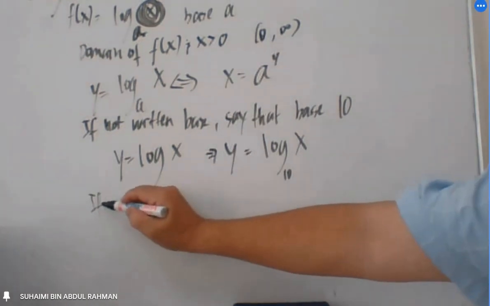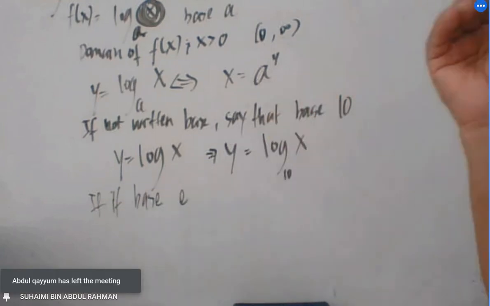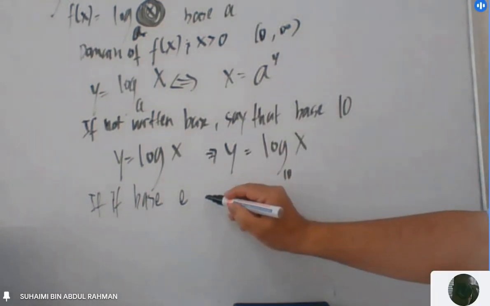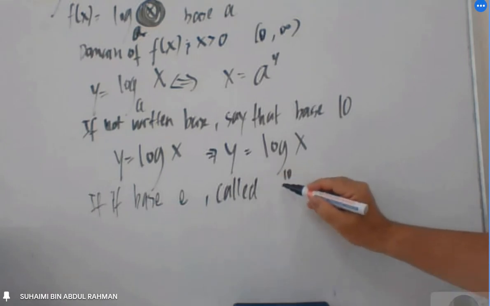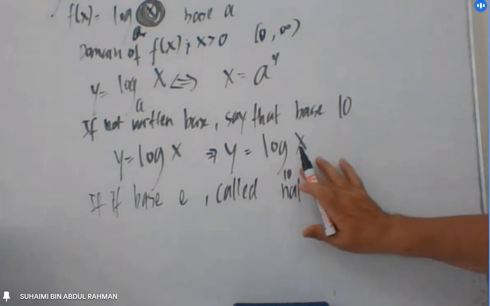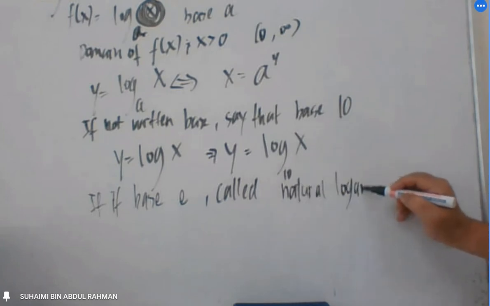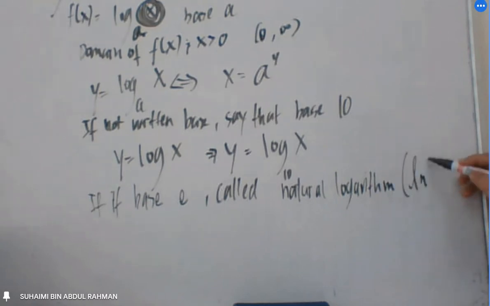And if the base is e, we call that logarithm the natural logarithm, or you see ln.